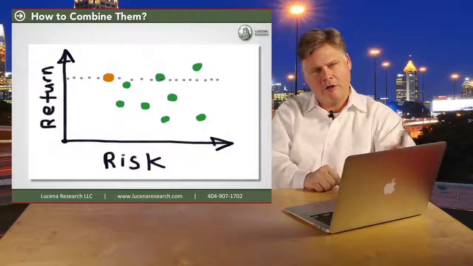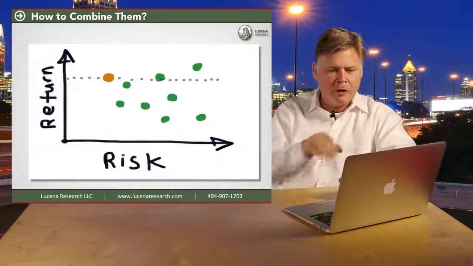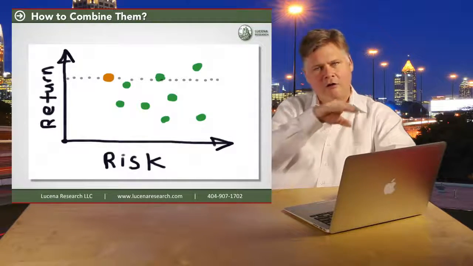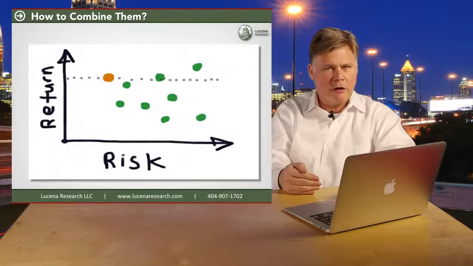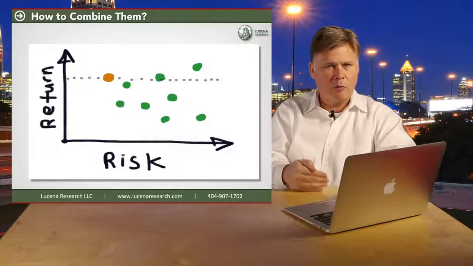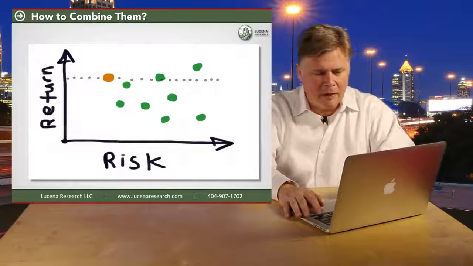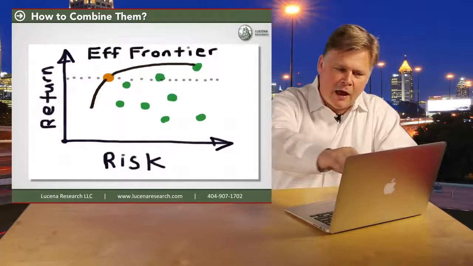And as you recall there, that orange dot was a portfolio we were able to discover. Well, it turns out that for each target return, there is a unique portfolio that is the minimum risk portfolio for that amount of return, and it defines a curve, a line here.